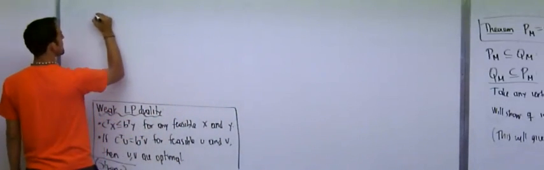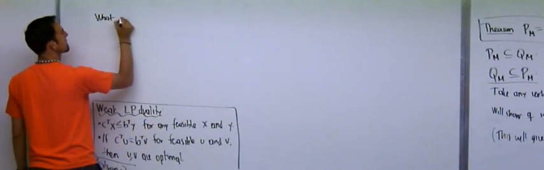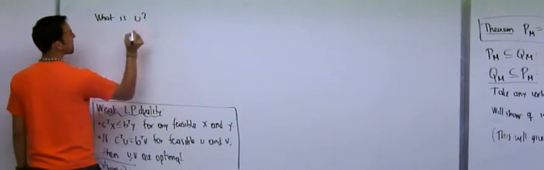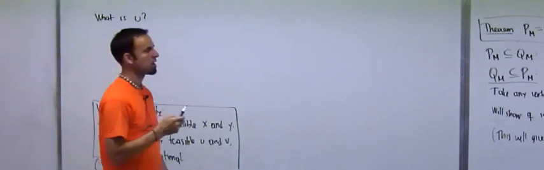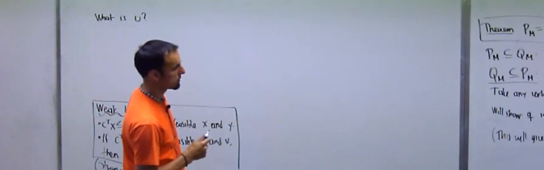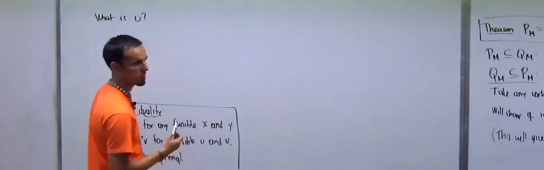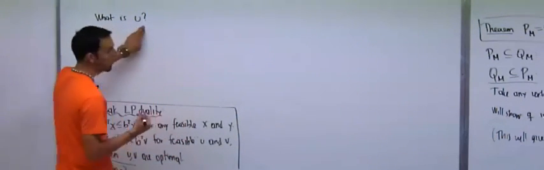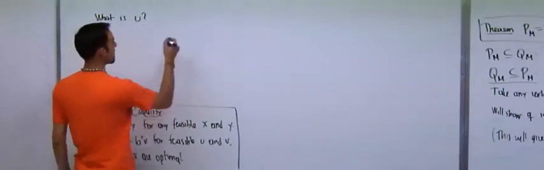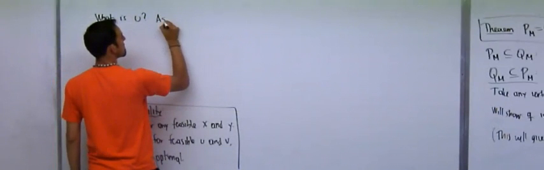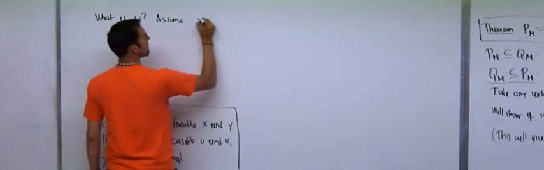Okay, so what is U? And remember, you should be thinking of U as the basis that maximizes a linear function. What is U? Well, it depends on W. So let's assume that W looks like this.